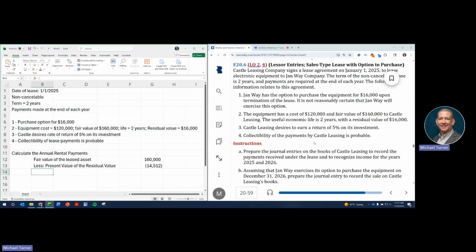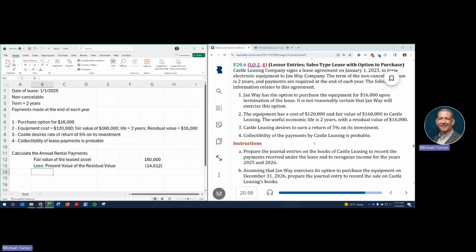So if we subtract that out, we've got to think about what Castle is going to have for cash flow. They're going to receive 2 rental payments at the end of each of the 2 years, December 31st. And then they're also going to be left with a $16,000 asset that they can sell. Janway can purchase it for $16,000 based on point number 1, or Castle can sell it to somebody else.